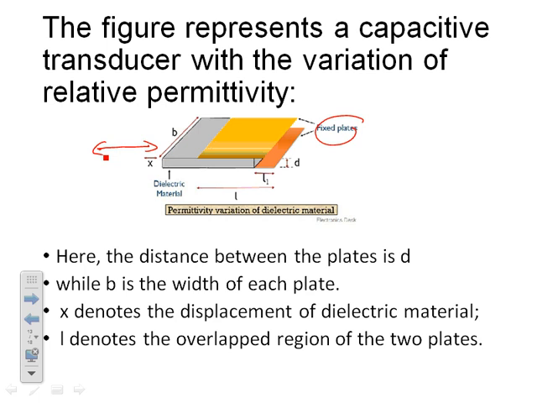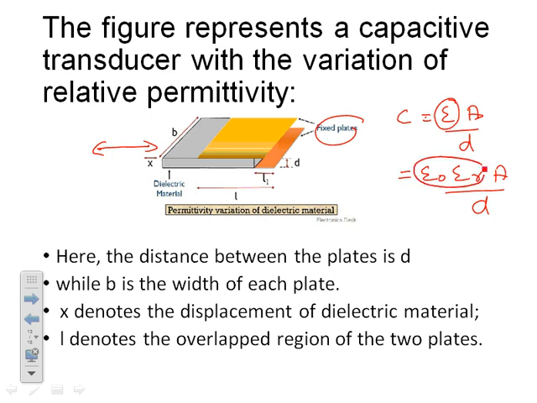That means we know the equation C is equal to epsilon A divided by D. Here we change the value of epsilon by inserting the dielectric, or this can be written as C is equal to epsilon naught epsilon r A divided by D. So by changing this dielectric material, this value epsilon naught epsilon r will be changing, and correspondingly the capacitance is varying.